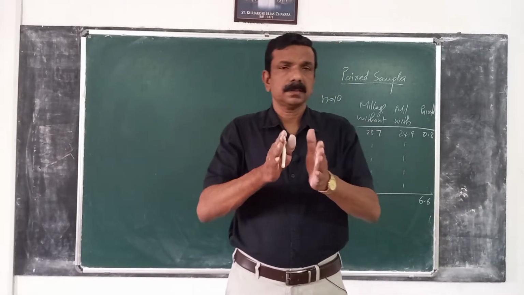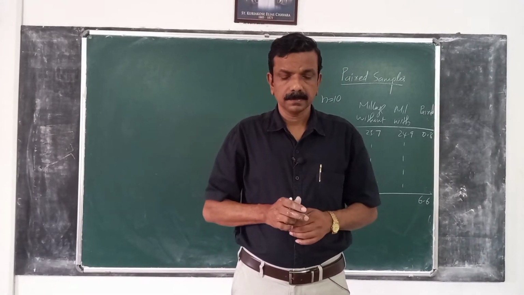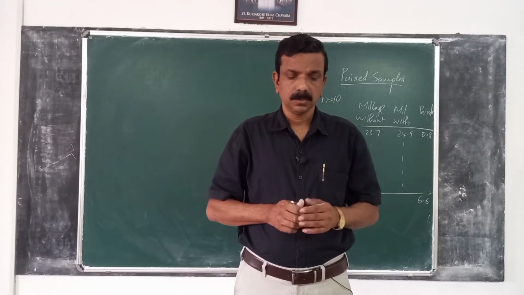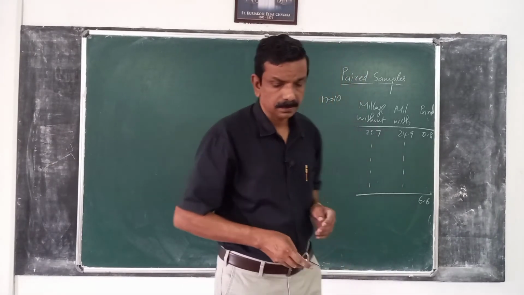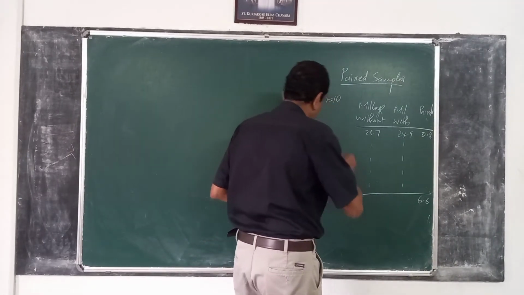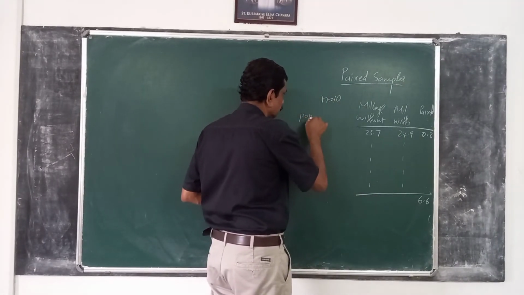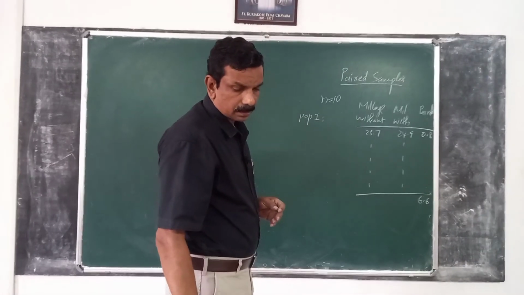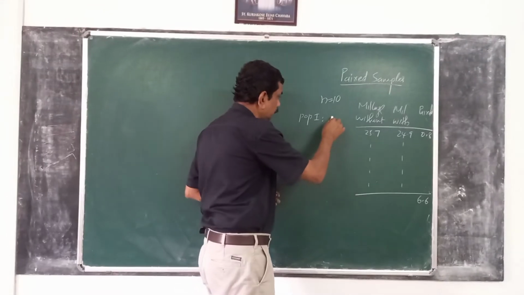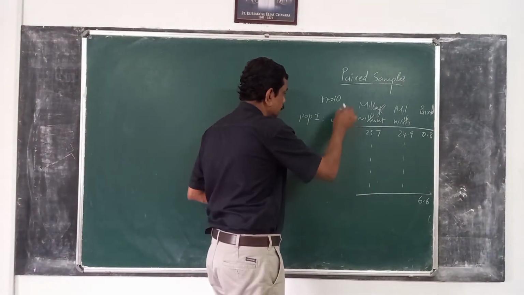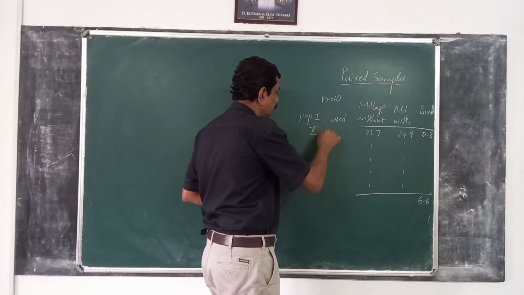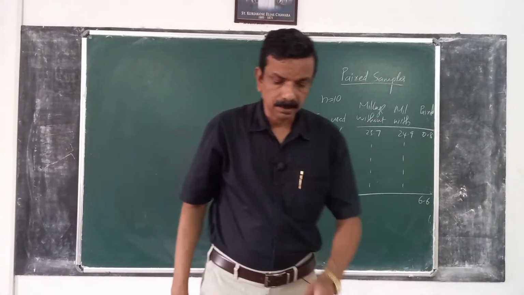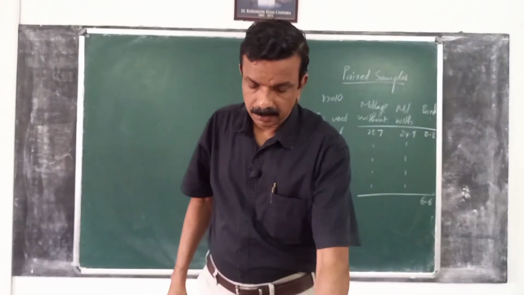To formulate this problem statistically, we have one variable, that is the mileage, and two populations, the cars. Population 1 is all cars when the additive is used, and population 2 is when the additive is not used.